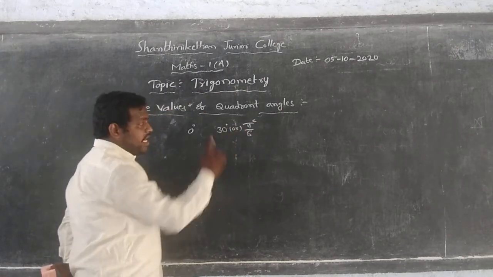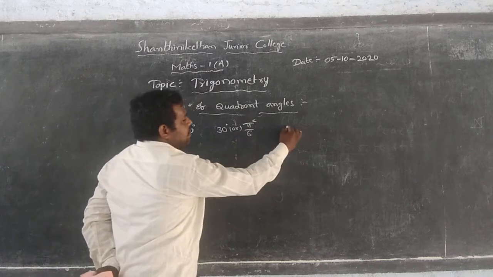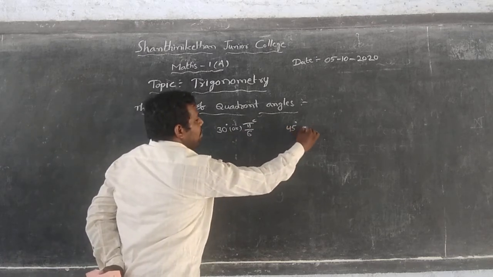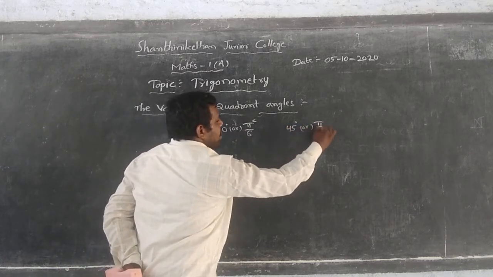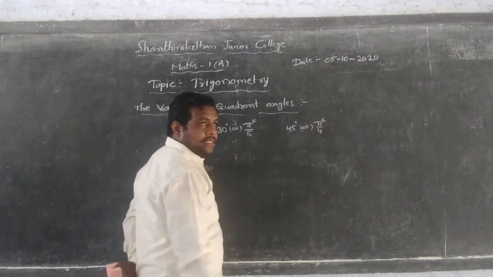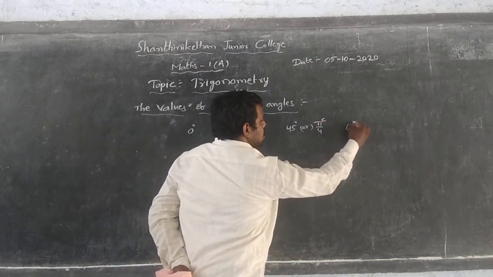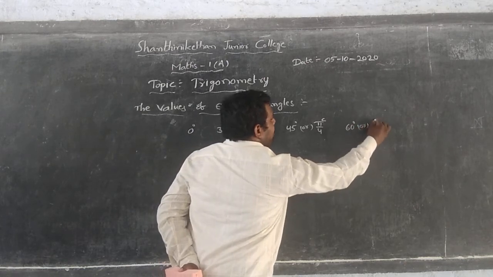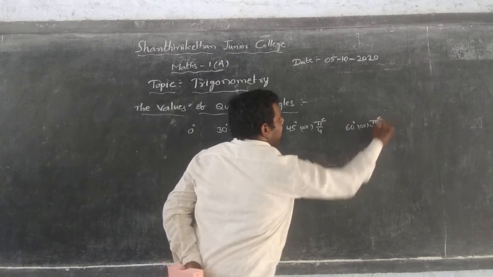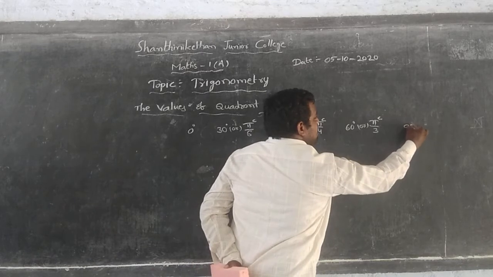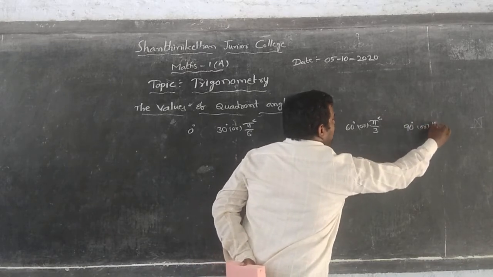Pi means 180 degrees. Next, 45 degrees or pi by 4 radian, 60 degrees or pi by 3 radian, 90 degrees or pi by 2 radian.